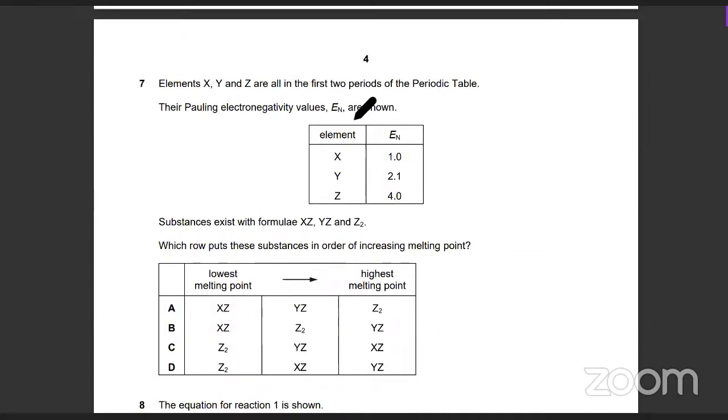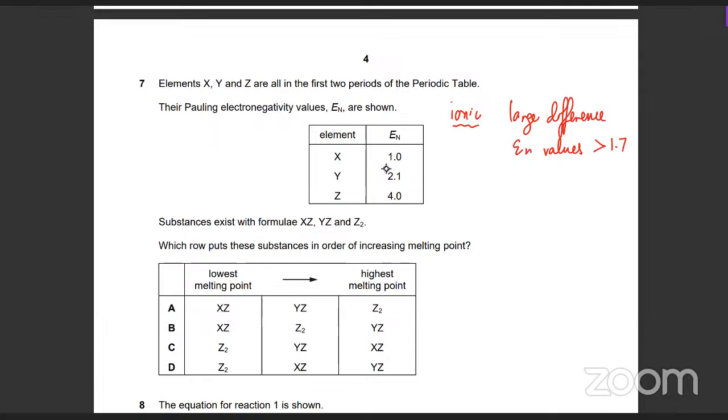That's the next one. You've got an electronegativity table. When you have ionic compounds, is it a large difference in electronegativity or a small difference? Large difference in electronegativity values, Pauling scale values. That should be greater than 1.7, or a lot greater than 1.7.